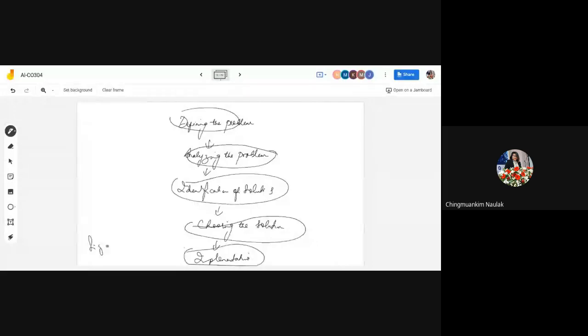The figure is problem solving in AI. In defining the problem, the definition of the problem must be included precisely.